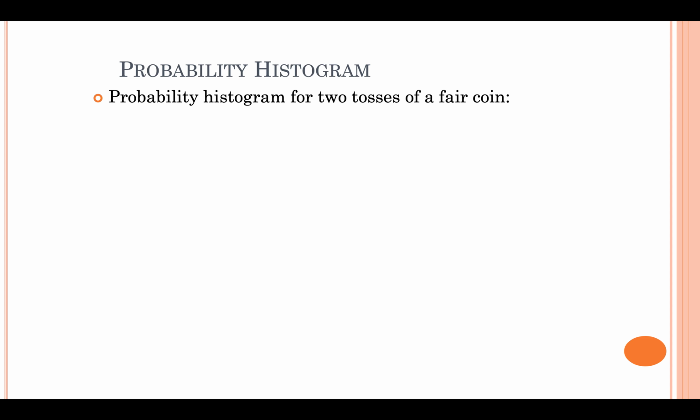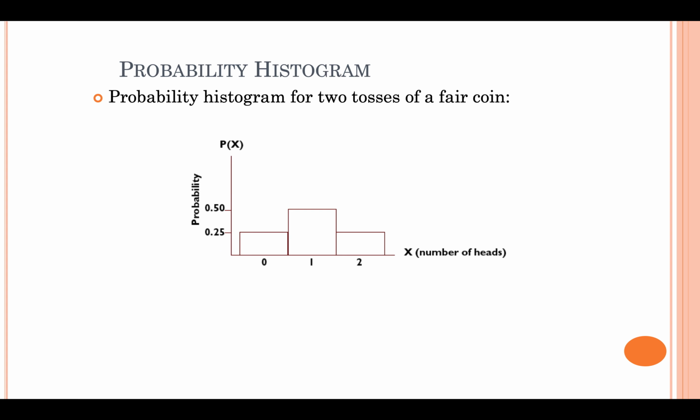So our histogram for the experiment, 2 tosses of a fair coin, looks like this, and this is how we build it. We make a horizontal axis, and we label the values of X on the horizontal axis. Now we've established our values of X are 0, 1, and 2, no more, no less, so we just put those values of X on the horizontal, and X represents the number of heads in this experiment.